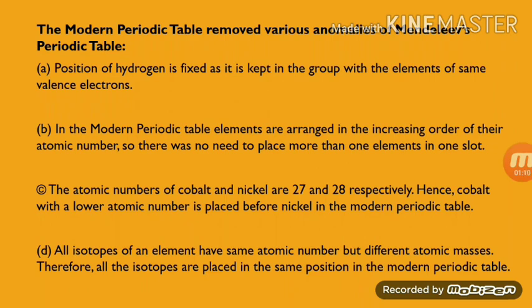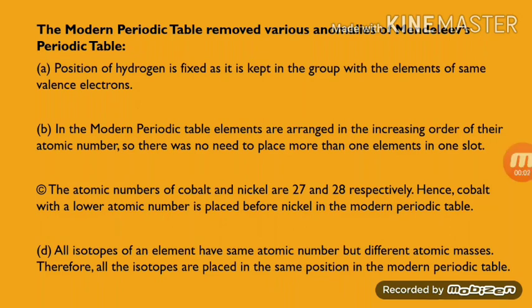periodic table. Another is number C. The atomic numbers of cobalt and nickel are 27 and 28 respectively. Hence, cobalt with a lower atomic number is placed before nickel in the modern periodic table. But they are seen in the same slot in Mendeleev's, right?